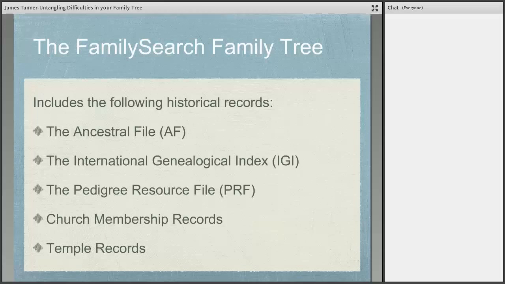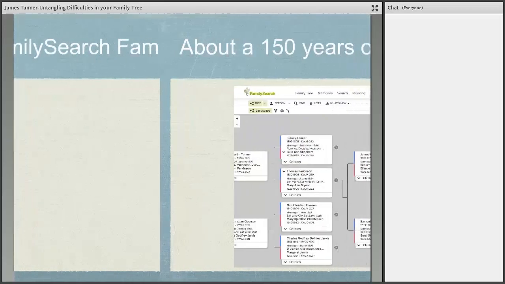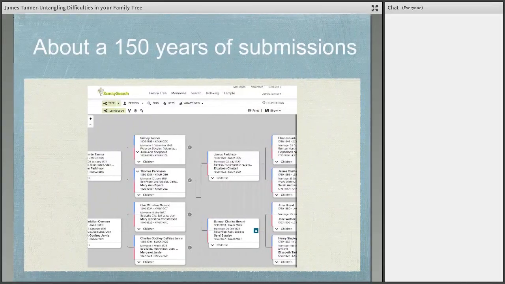All of these went into a huge database pile of records. And as a result, what we have here that became the basis of the FamilySearch family tree is about 150 years of genealogical records submissions that have been gathered together.